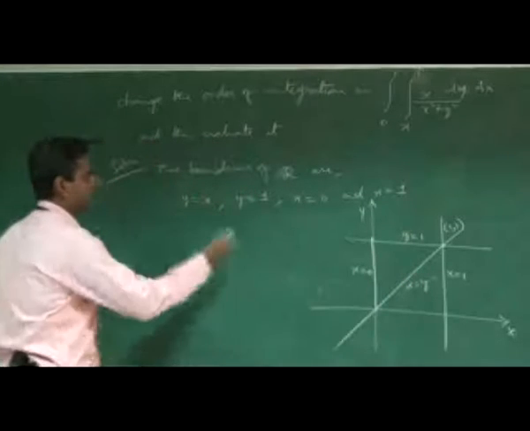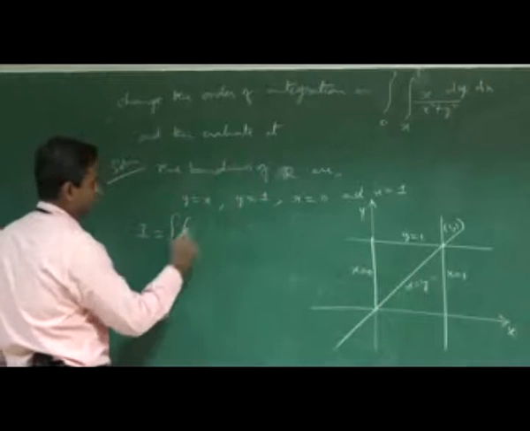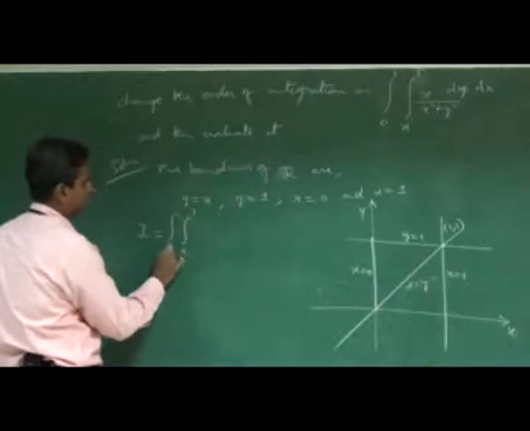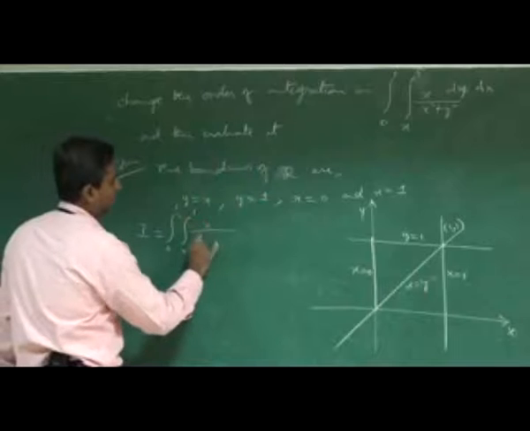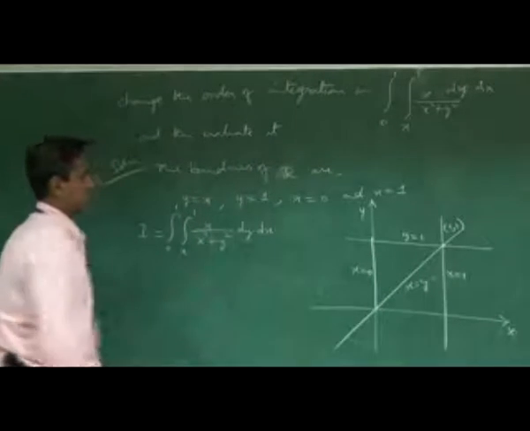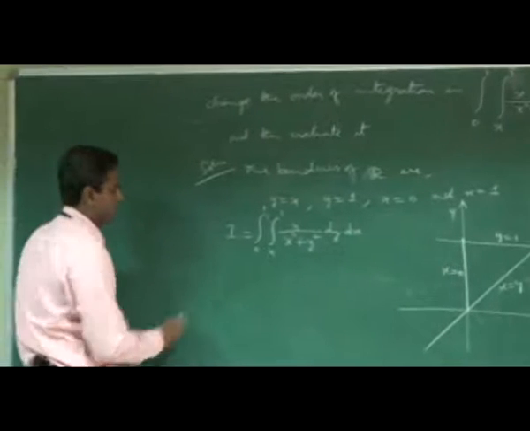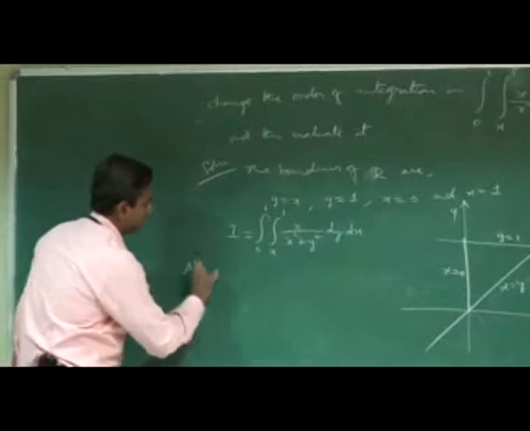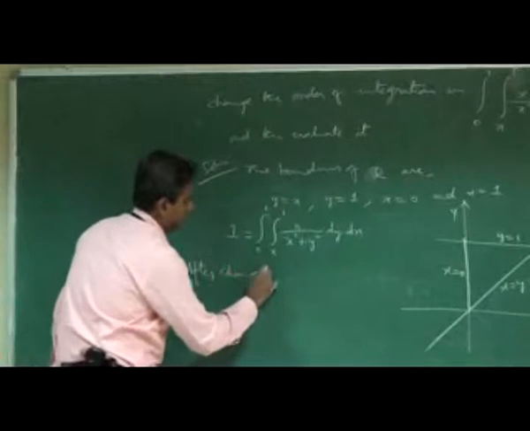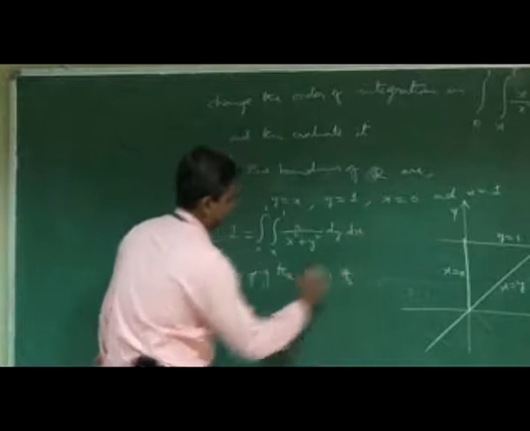So in this case we take the region as I equal to the double integral, from x to 1 and 0 to 1, of x divided by x squared plus y squared, dy dx. Now we change the order.